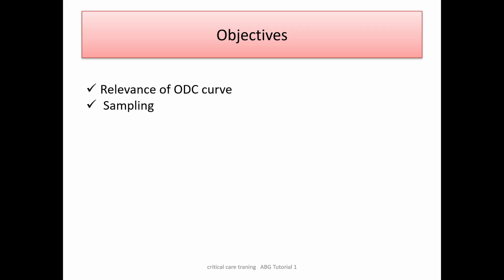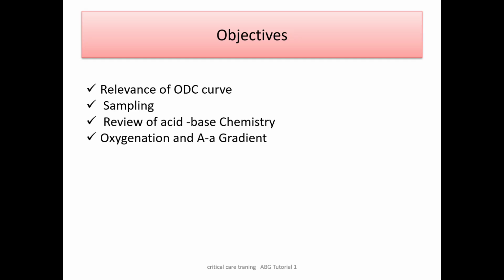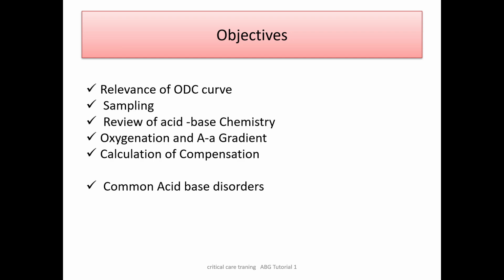understanding of ABG. Then, what are the sampling precautions at the initial level when we are trying to send an ABG? What is the basic acid base chemistry we should understand before interpretation, and a basic understanding of oxygenation, the A-a alveolar arterial gradient, and calculation of compensation in the ABG to define whether it's a simple or a mixed disorder.